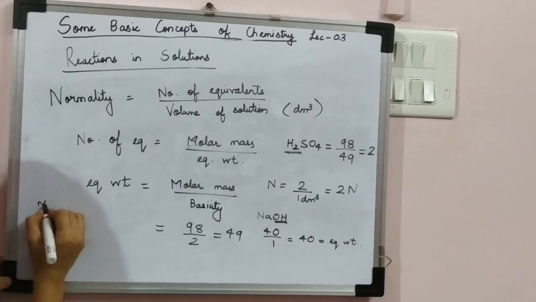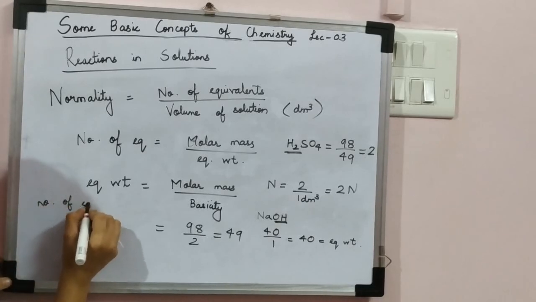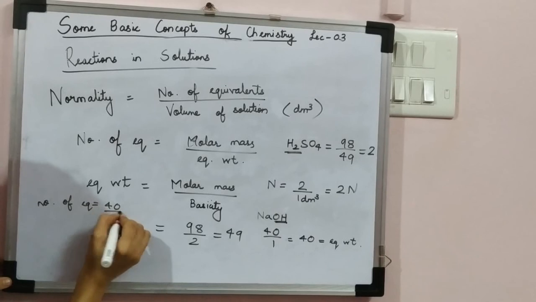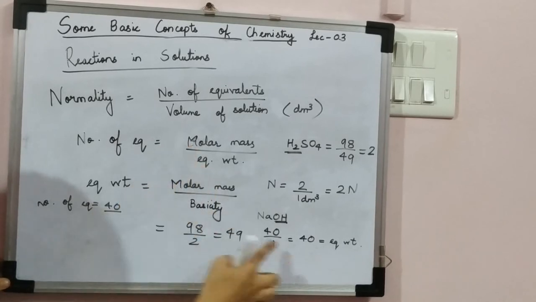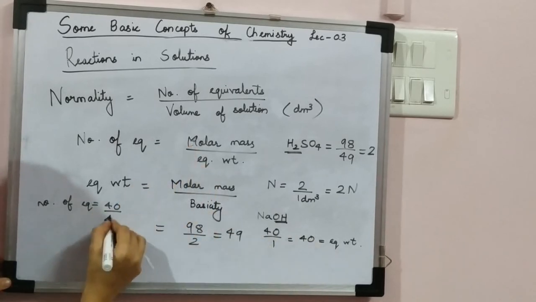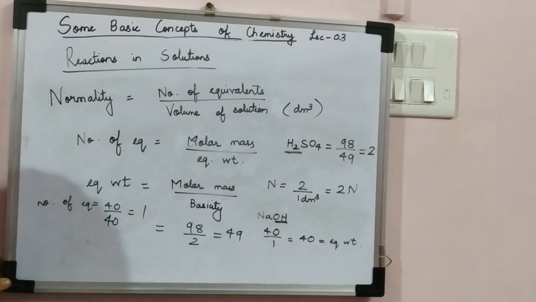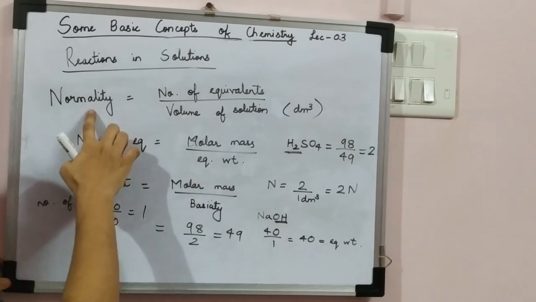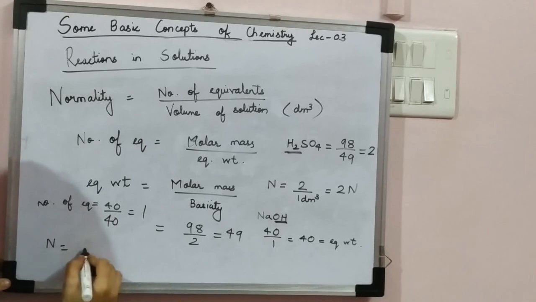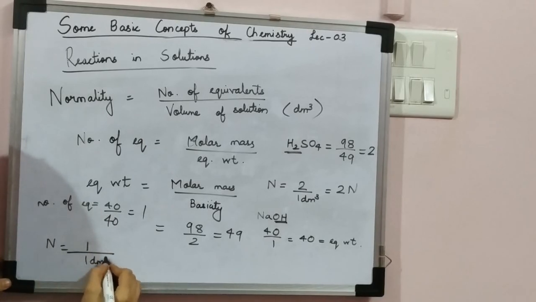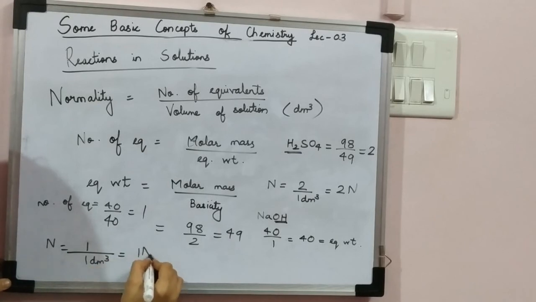It would be 40, which is the molar mass, upon the equivalent weight, which is also 40. So number of equivalents is 1. So for NaOH, what would be the normality? Normality would be equal to number of equivalents, which is 1, and let's say the volume of the solution is 1 decimeter cube. So this comes out to be 1 normal.